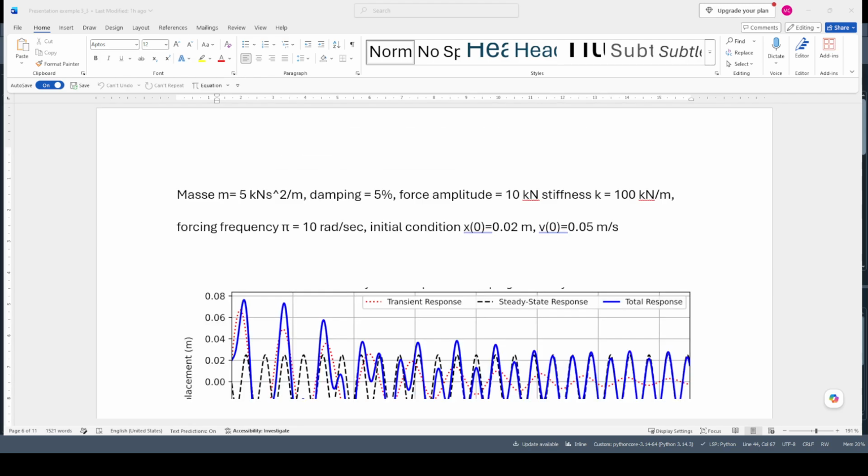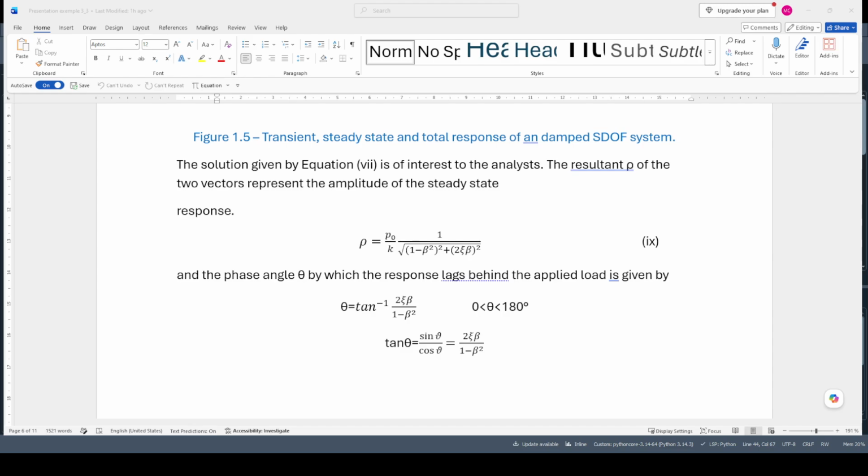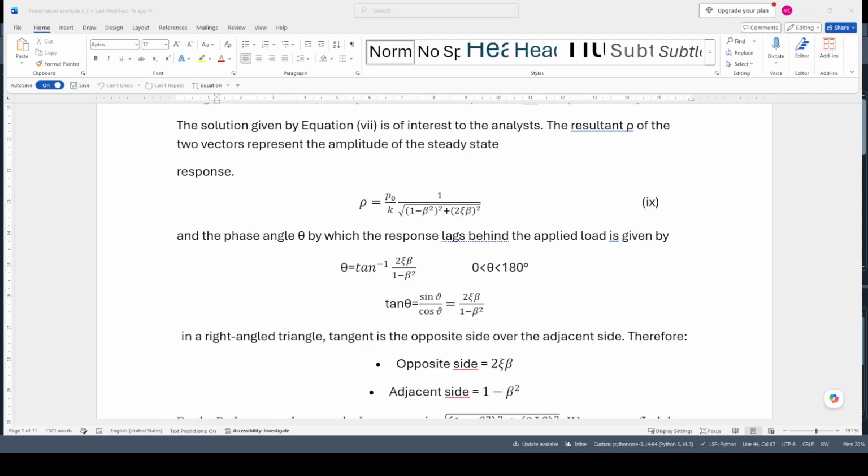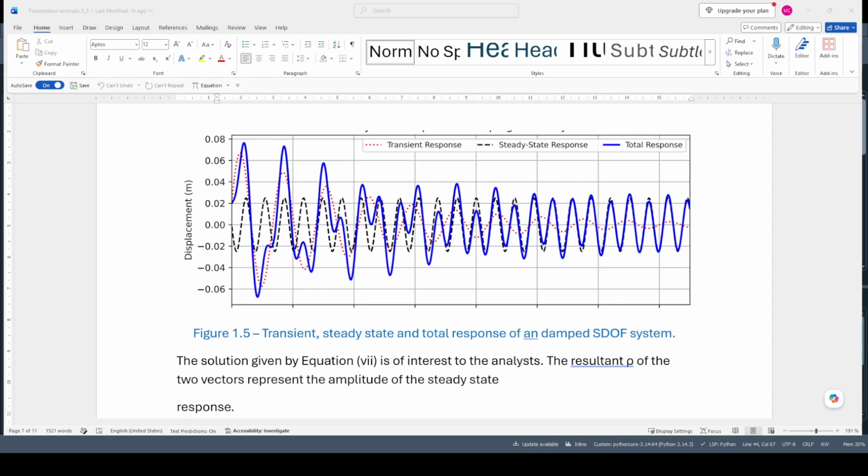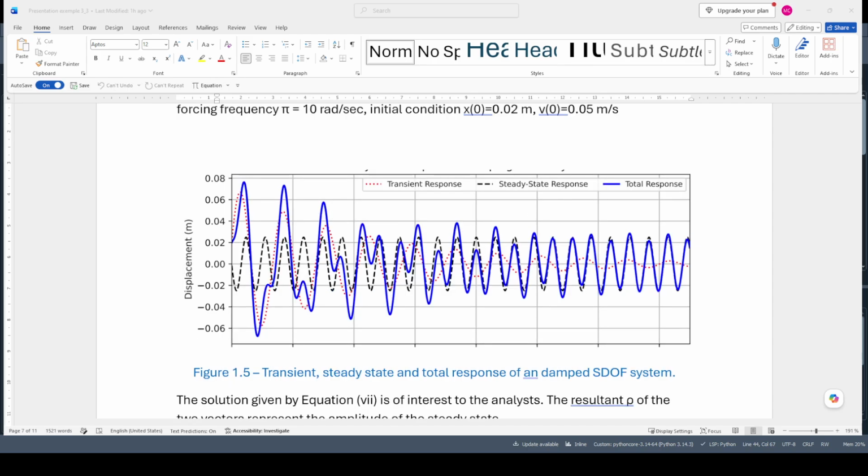And as an example of movement of this equation, we can see this blue line, a combination of the transient response plus the steady state response.